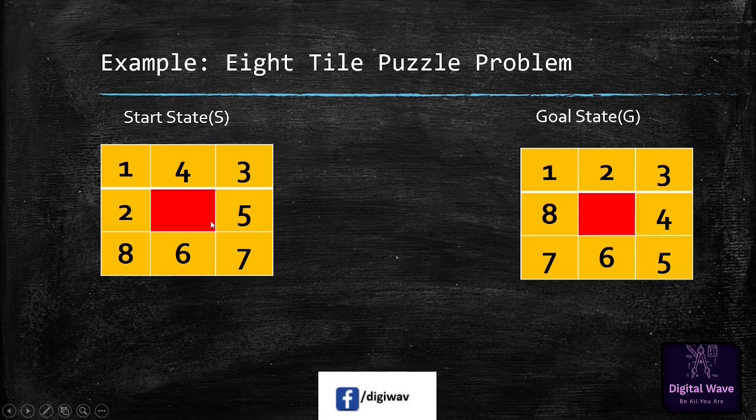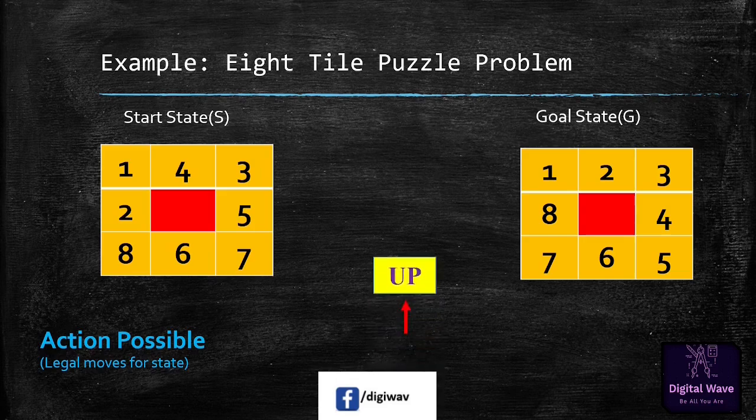Let us see the legal moves for the state. Here this blank area I have to replace with a number. The possible action I can perform here is up. If I want to replace this blank area with this 4, then we have to perform this up action.